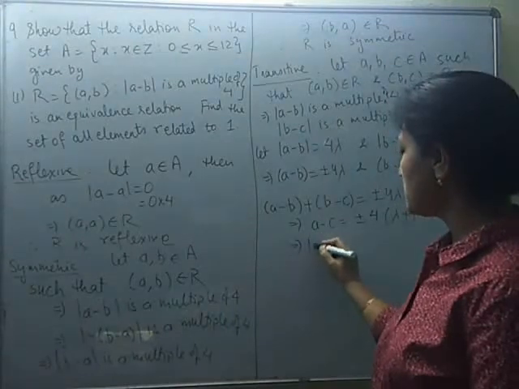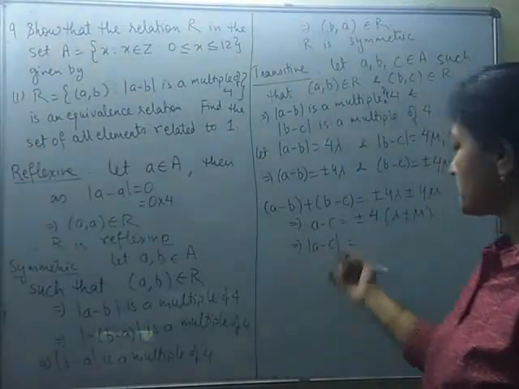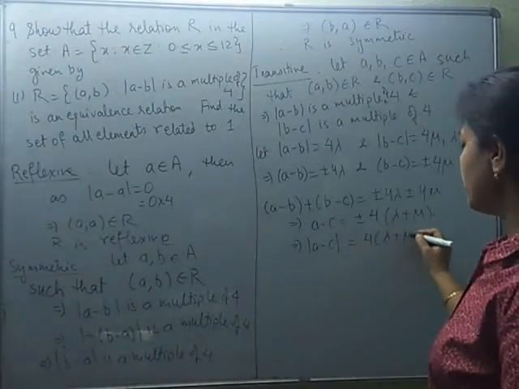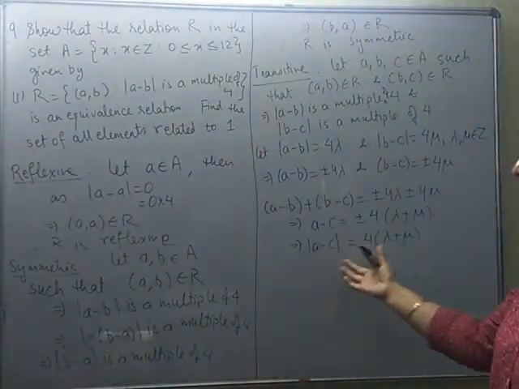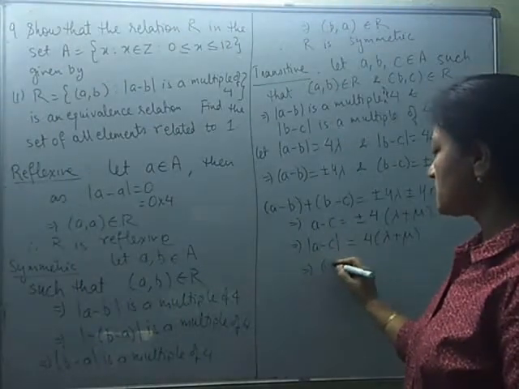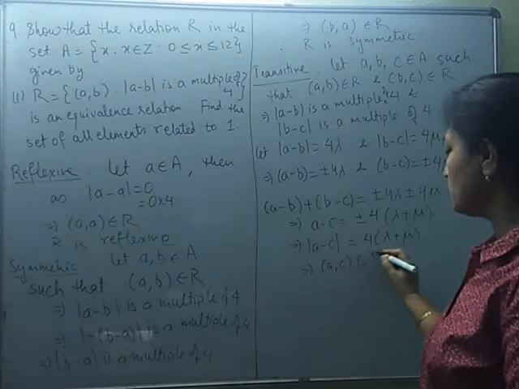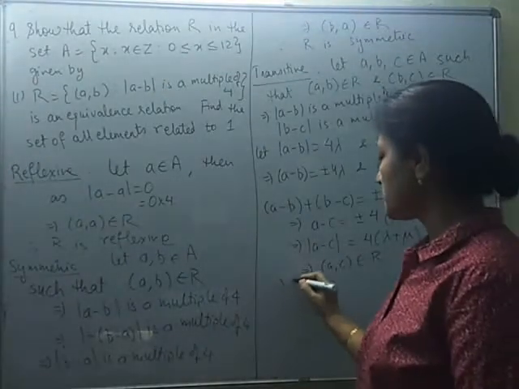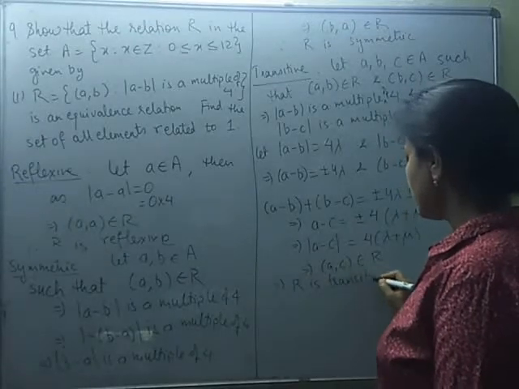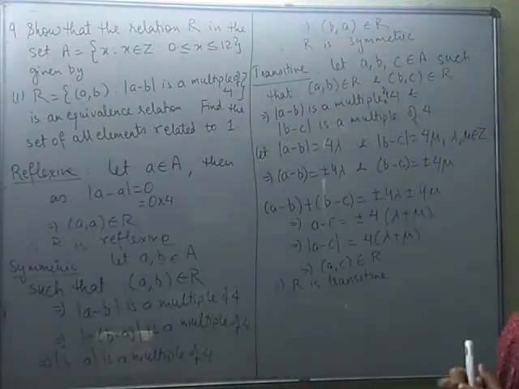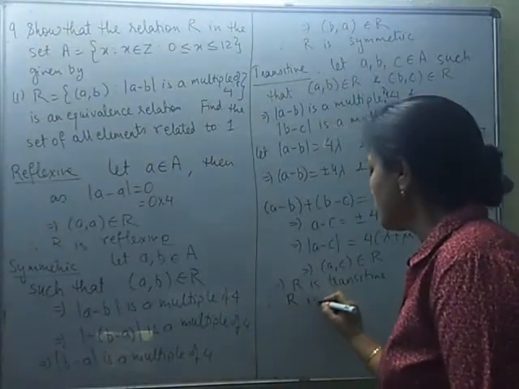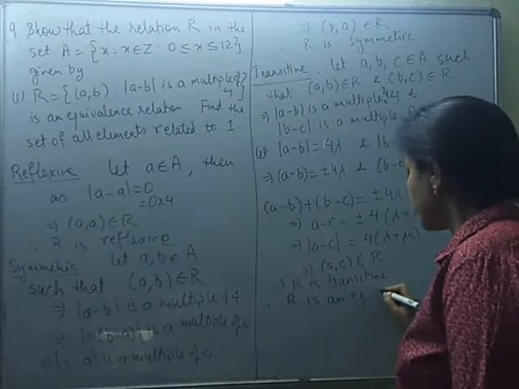On taking modulus on both the sides, we get mod of a minus c is 4 times (lambda plus mu). So you can clearly see the modulus of the difference is a multiple of 4. That means (a, c) belongs to R, which implies R is transitive. So we could see that R is reflexive, it is symmetric and it is transitive. Therefore, R is an equivalence relation.